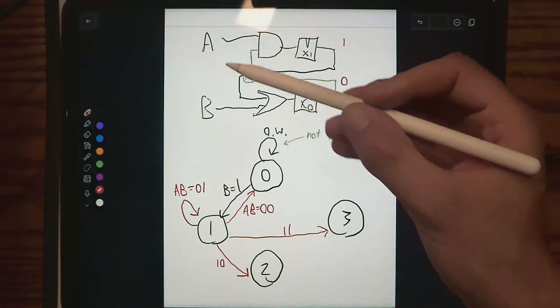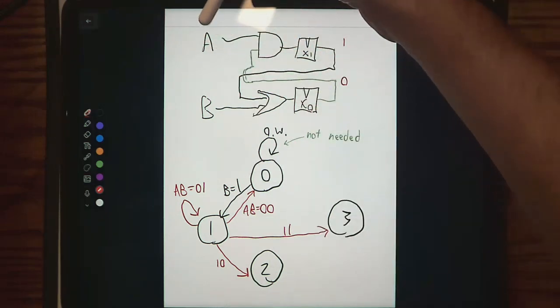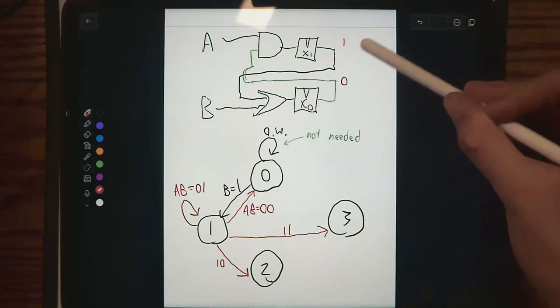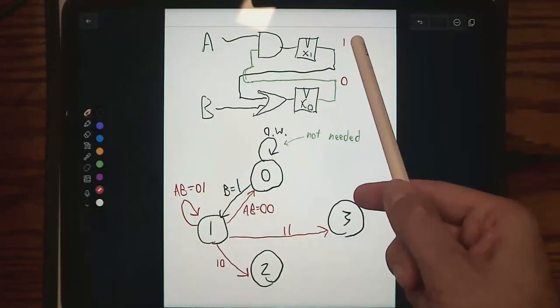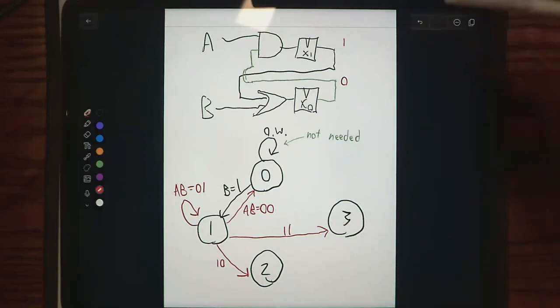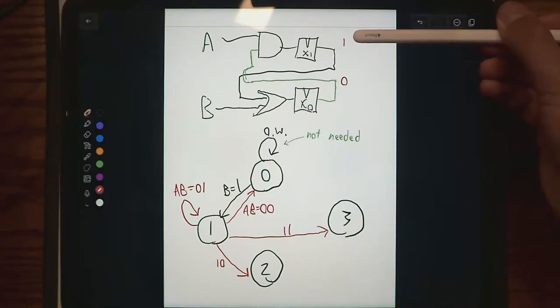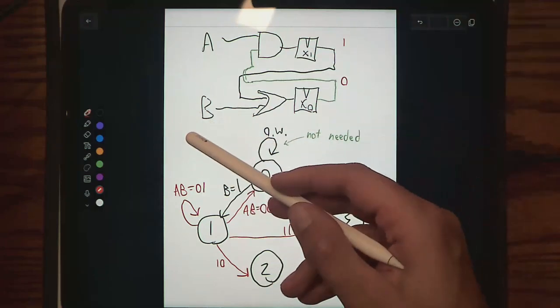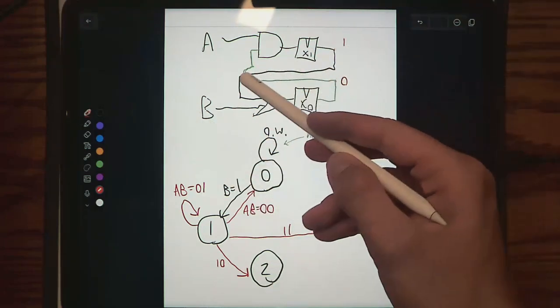So one thing that you can know is that anytime you have a 0 passed in for A, we know that we will always have a 0 over here. So therefore, if we're in state 2, we know that we will have the first bit cut off, so it'll be one of these 2 states. But if we have a 0 passed in, it's ORed with this 1 that's stored.